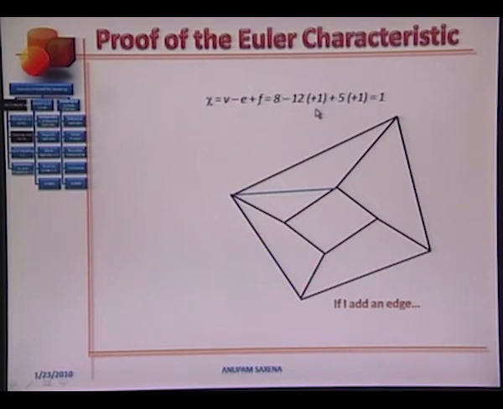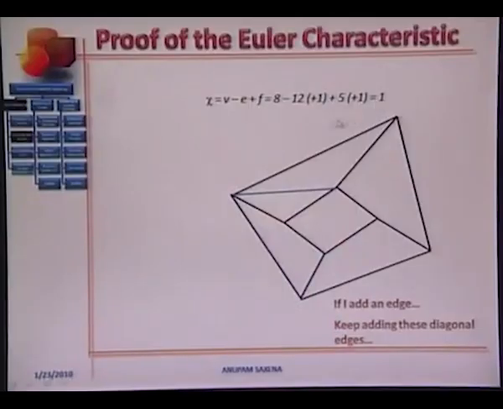This is an increase in the number of edges, and this is an increase in the number of faces. Even then, the chi value does not change. I can keep adding these diagonal edges and restore the value of the Euler characteristic still to 1.